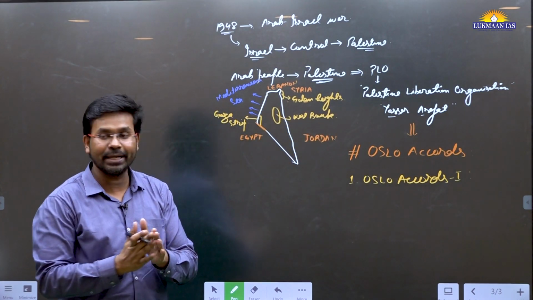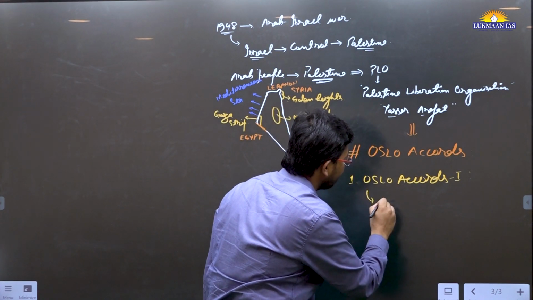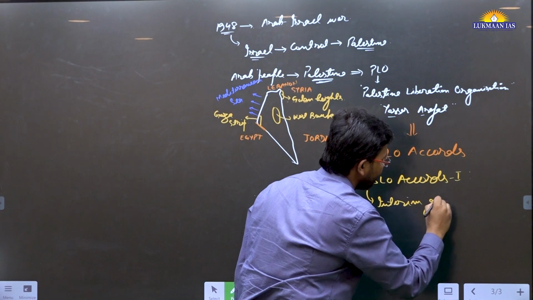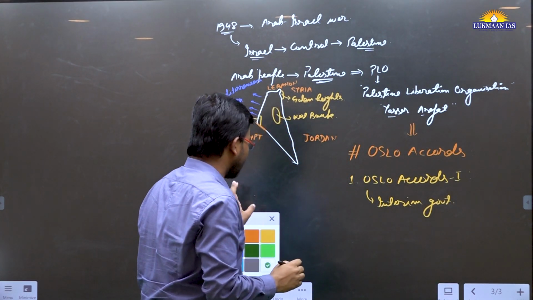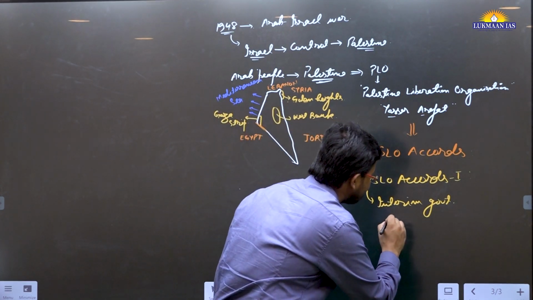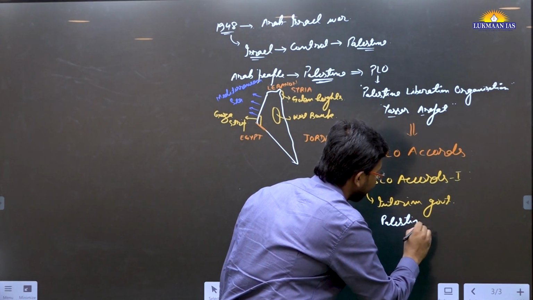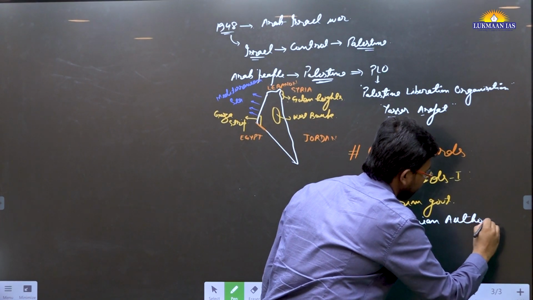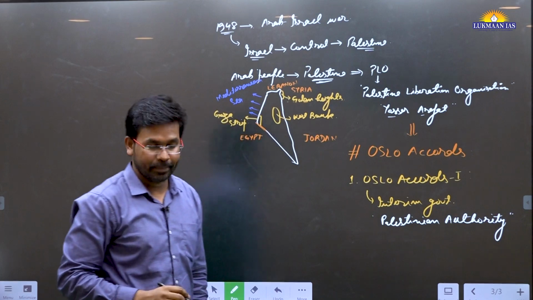They created an interim government, and this government would further negotiate with Israel so that a Palestinian authority could be created.